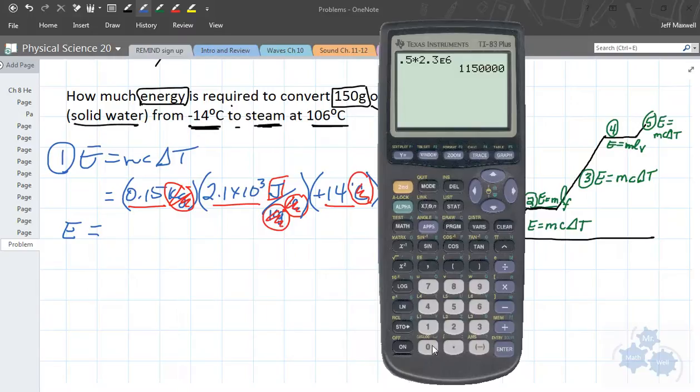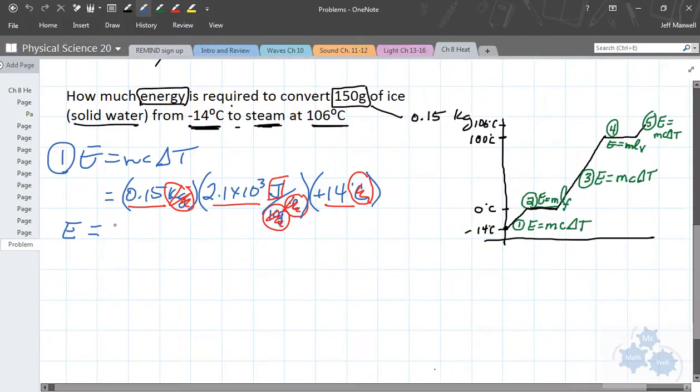0.15 times 2.1 times 10 to the 3. You can write that as a decimal if you want. Times 14. 4410. Did you guys get that one? 4,410. Don't worry about sig figs here for this question. Let's just get the numbers right. And joules, right? Awesome.